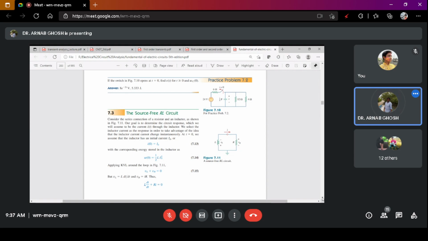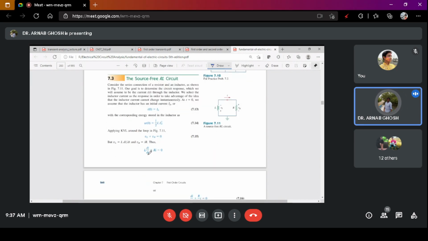Now, how do I write the expression of the voltage that is developed across the inductor? We write the expression as v(t) is equal to L di by dt.